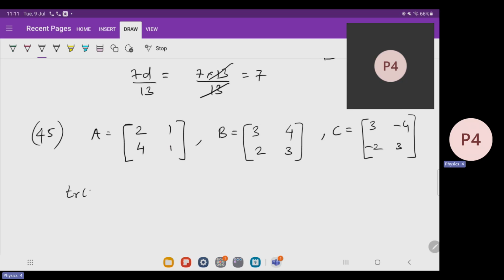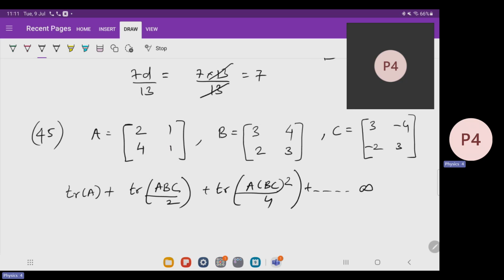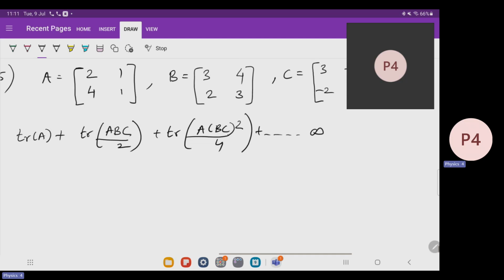We have to find trace of A plus trace of ABC by 2 plus trace of (ABC) square by 4, and so on till infinity. Now, so it's a pattern in BC.